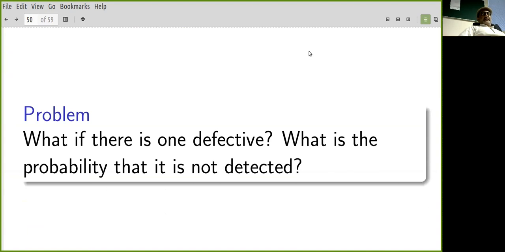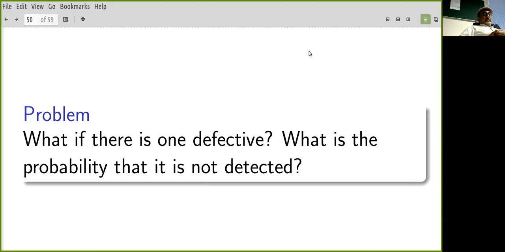What if there is one defective widget? What's the probability that it is not detected? So there was one defective widget in the lot. We select 5 widgets for testing.